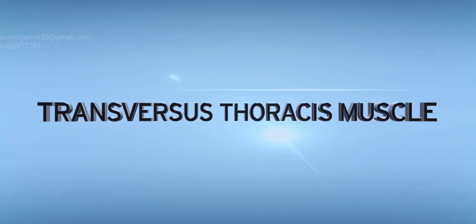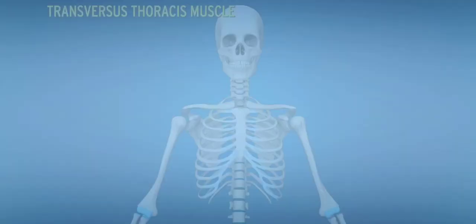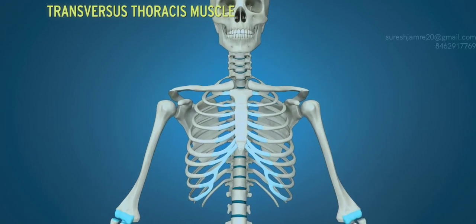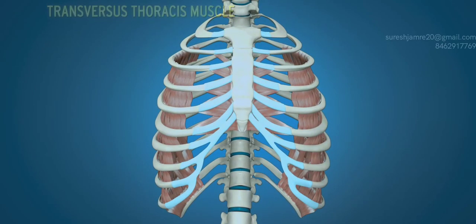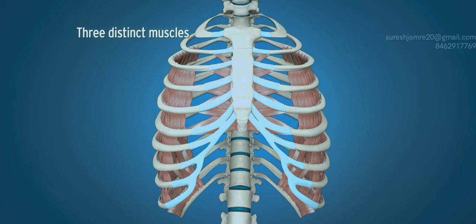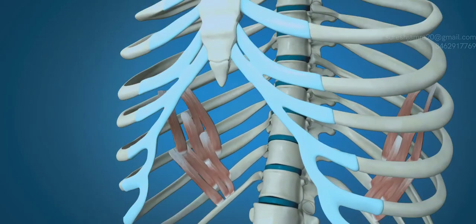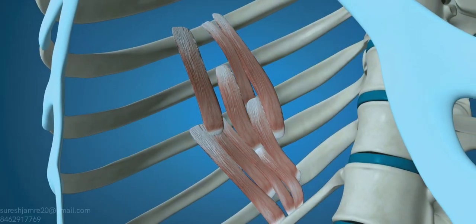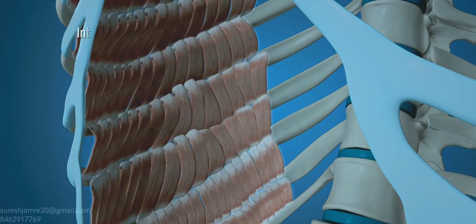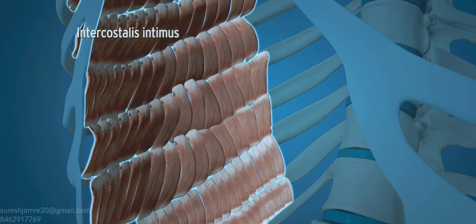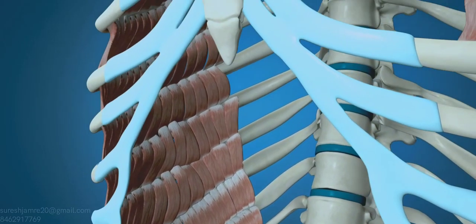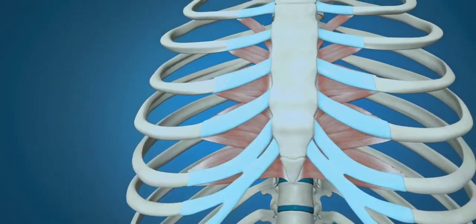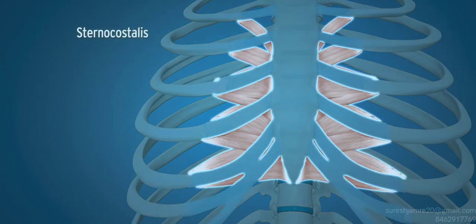Transversus thoracis muscle. It is made up of three distinct muscles, namely the subcostalis, the intercostalis intimus, and the sternocostalis.